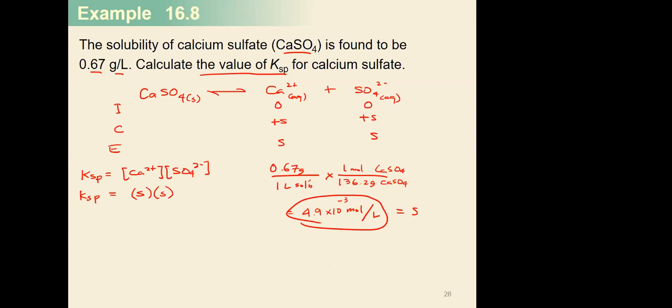So we could say that's the S. So if we're going to substitute it here, 4.9 times 10 to the negative 3. Whatever the concentration of this is, that's a 1:1 mole ratio. So what is your Ksp? 2.4 times 10 to the negative 5.